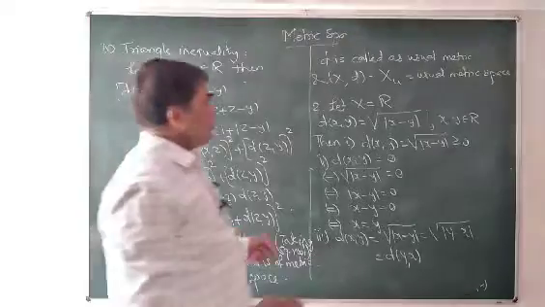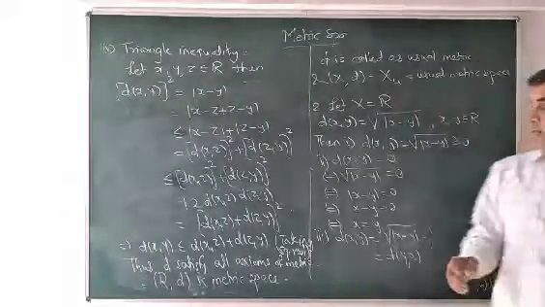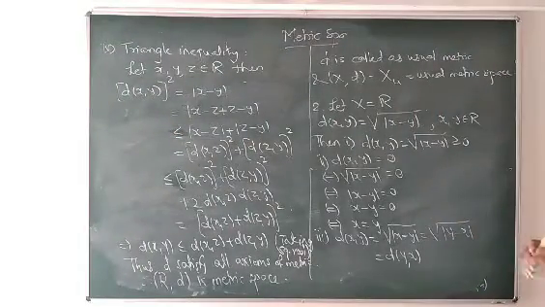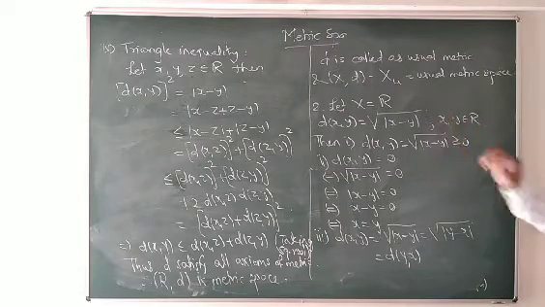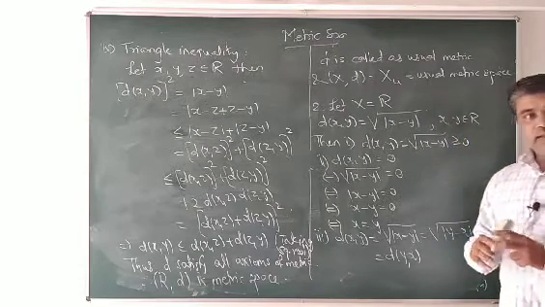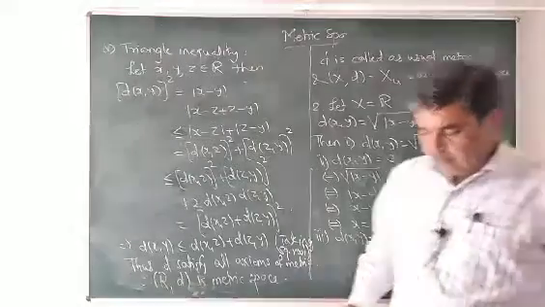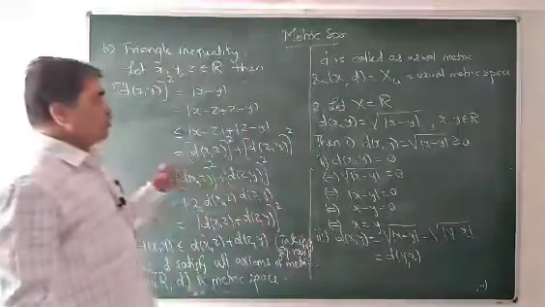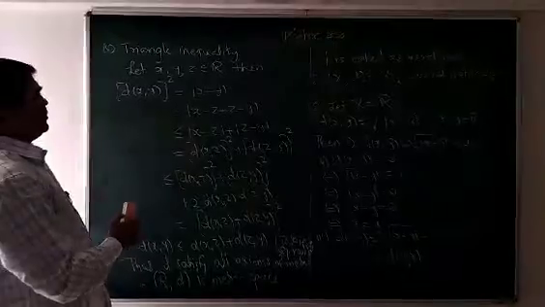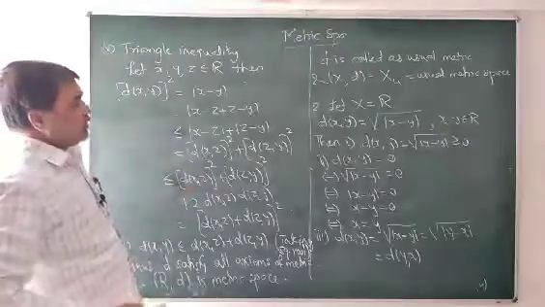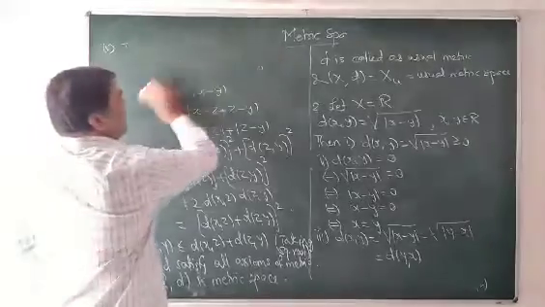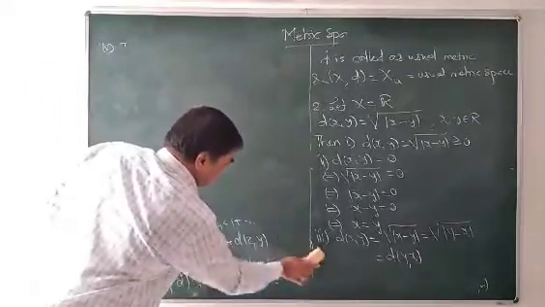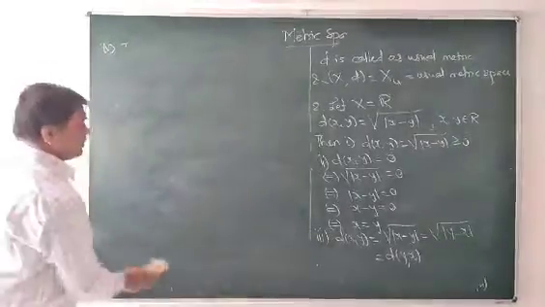Remember, this d is not the usual distance, so it is not the usual metric. I am defining the distance in another way, which also satisfies all axioms of a metric, and hence it is a different metric from the usual metric. Now, we'll think about some other functions, whether they define a metric or not on R.